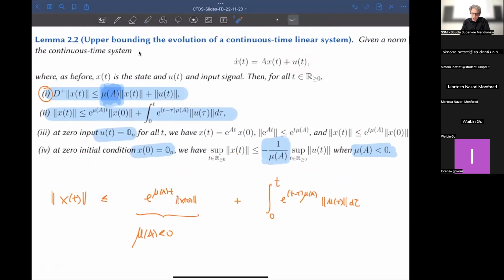If I had put a coefficient here, then I would have obtained a coefficient at the numerator there. And the contraction rate for this continuous time linear dynamical system, if I use an ODE, the contraction rate is minus mu of A, or the absolute value of mu of A, because the contraction rate has to be positive.